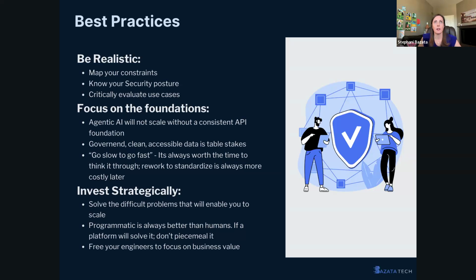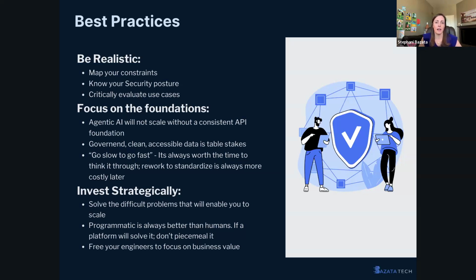So one of the key things when you start thinking about a paradigm shift such as agentic AI is be realistic. So what are your constraints? And what I mean by that is know your environment and know what is important to you. If you are a company who knows that the data you handle is the most sensitive thing, that is going to look like a different list of constraints to get started than if you're a company who has some tolerance in accuracy.